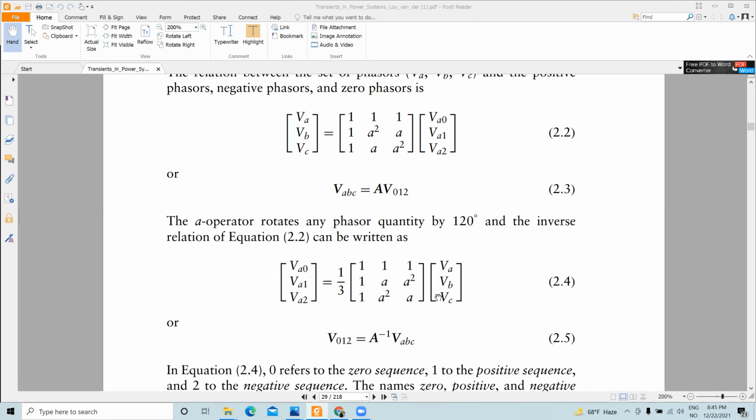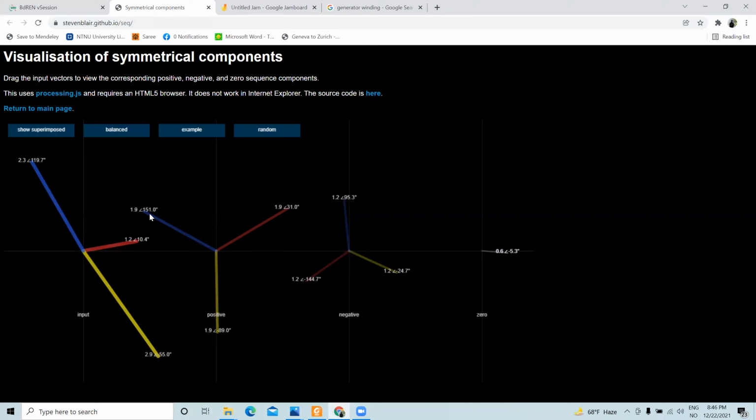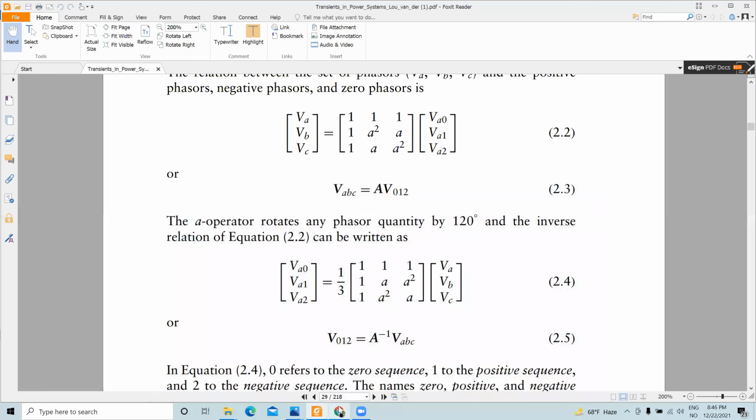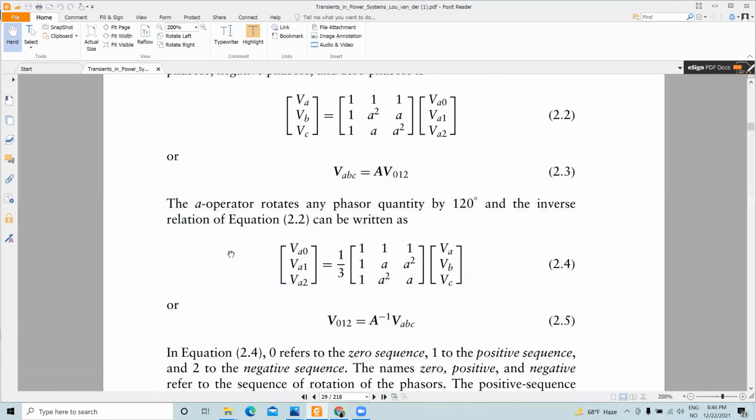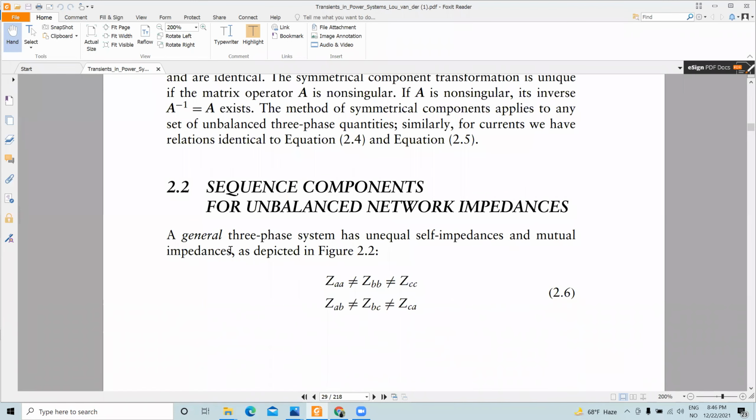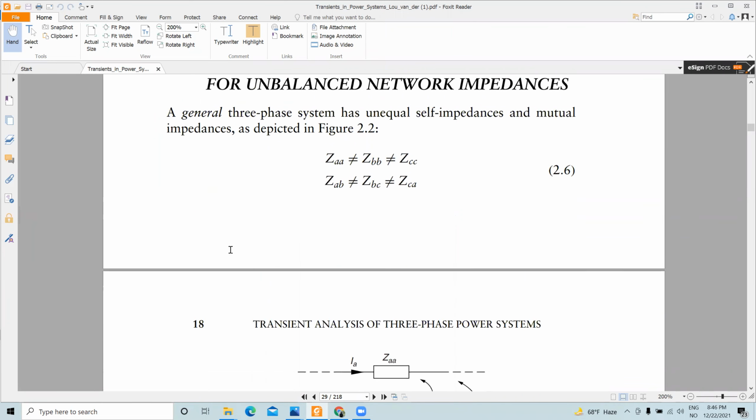So for any given asymmetrical VA, VB, VC, you can calculate the sequence components for phase A. If you know them for phase A, you will also know them for phase B and phase C as well, because these are only shifted by 120 degrees. Okay, so am I clear up to now?